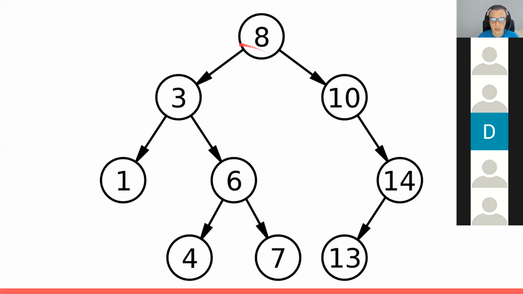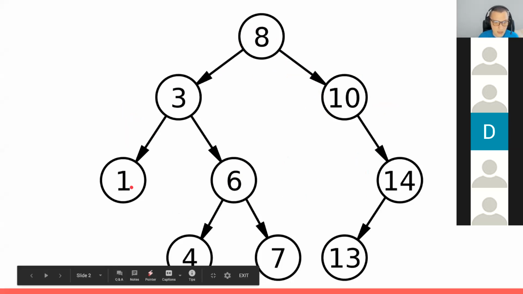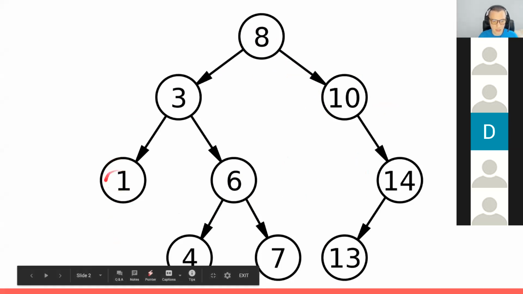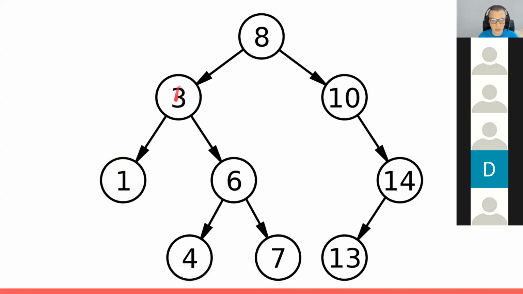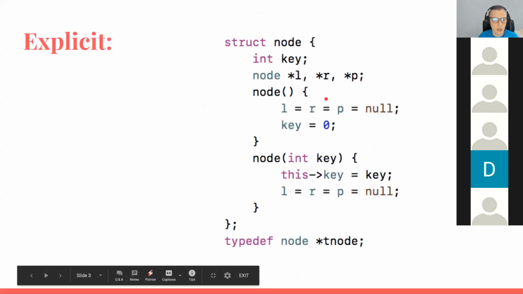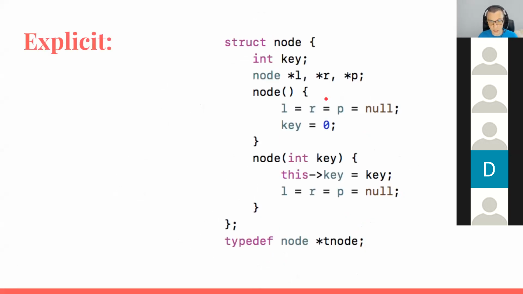It means that they have just some values and the keys depend on the location. So like this is number 1, number 2, number 3, number 4, number 5, 6, 7, 8, and 10. Now we are going to talk only about explicit splay tree.